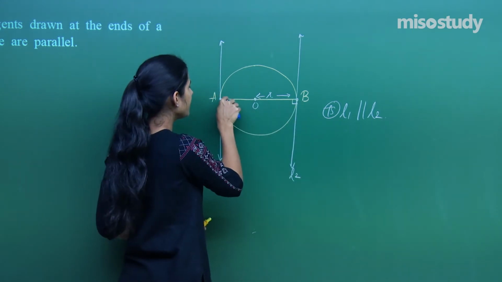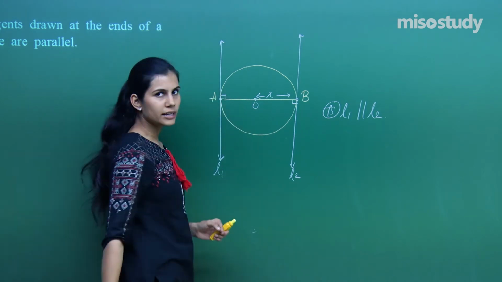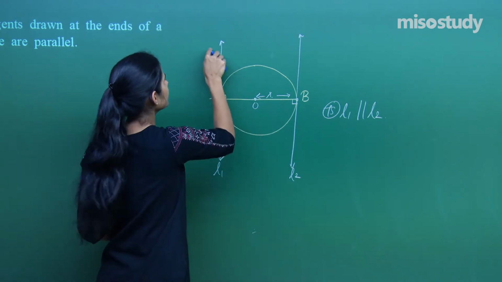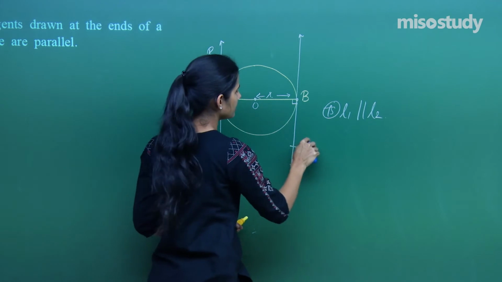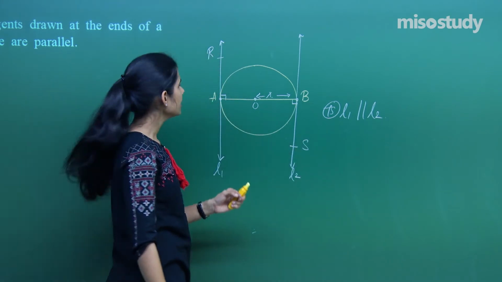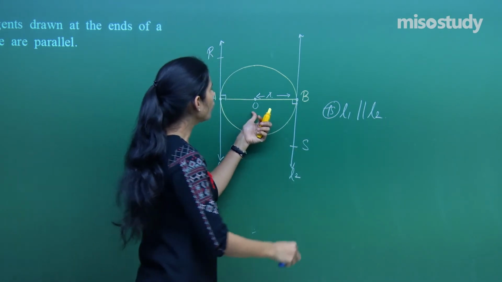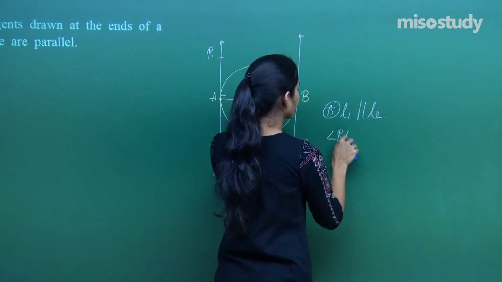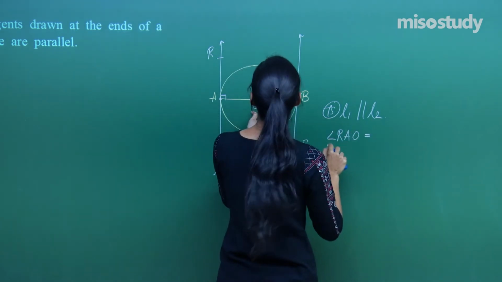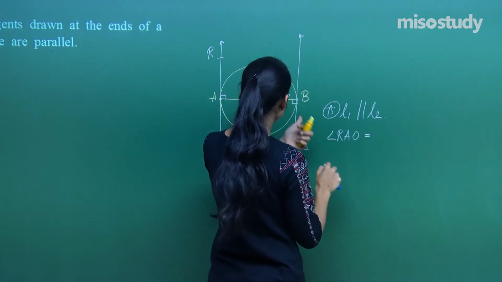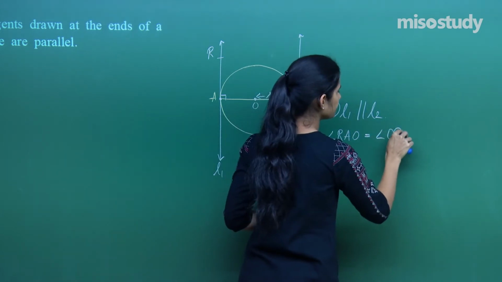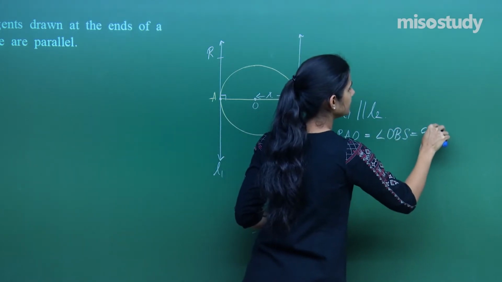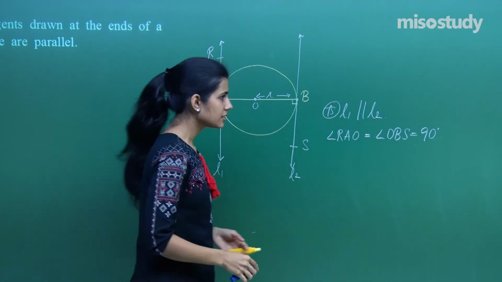Similarly, OA will be perpendicular to the tangent through the point of contact. So if I take here some point R and here some point S just for convenience, I have angle RAO equal to angle OBS, which is 90 degrees, isn't it?